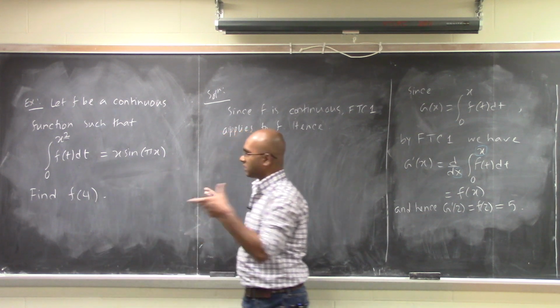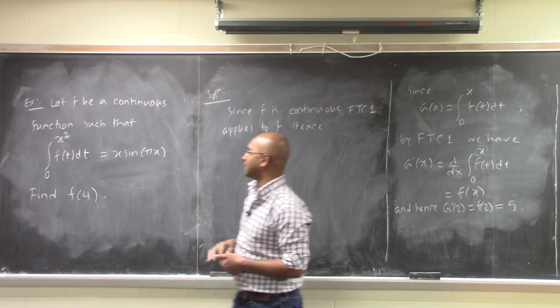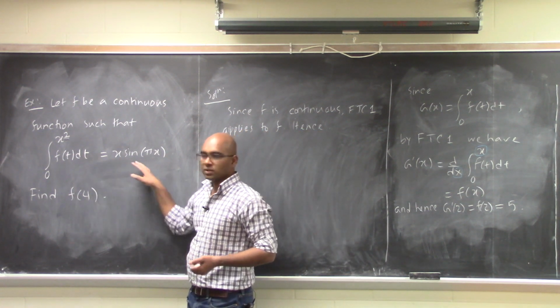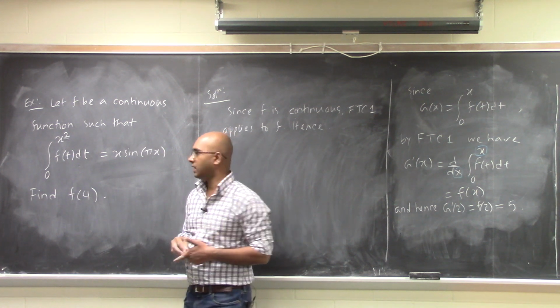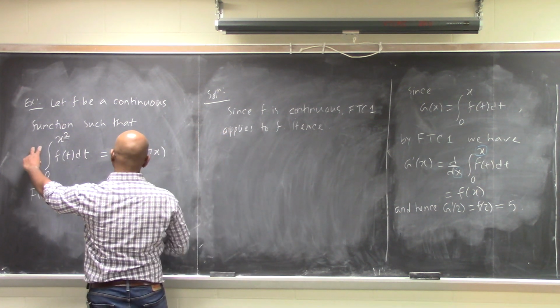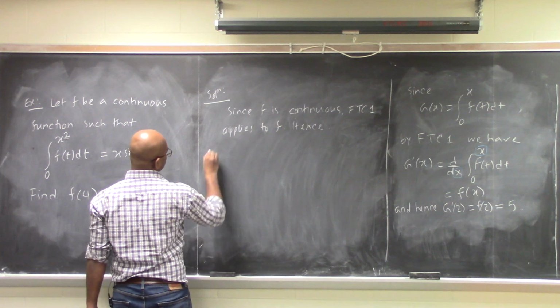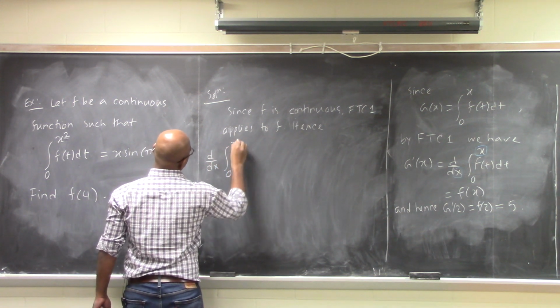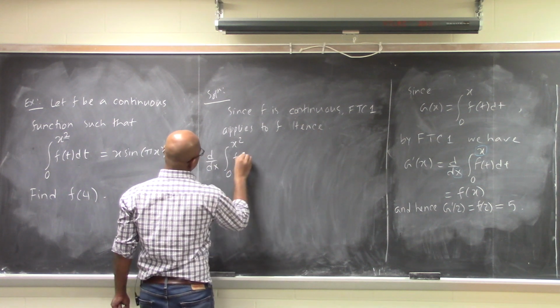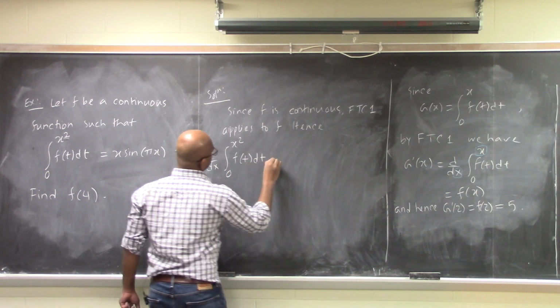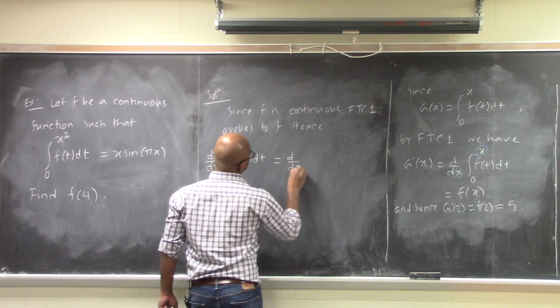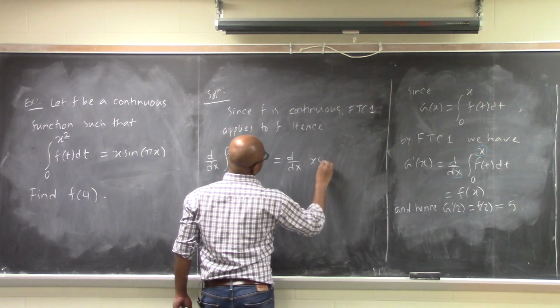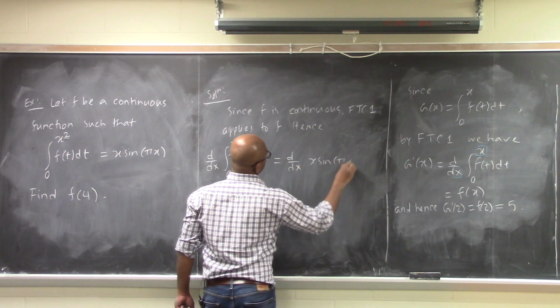These two quantities are the same. These two functions basically are the same. And since these two functions are the same, their derivatives will also be the same. So if I take d/dx on this side and d/dx on that side, that will be the same. Hence, d/dx of the integral from 0 to x squared of f of t dt equals d/dx of x sine pi of x.